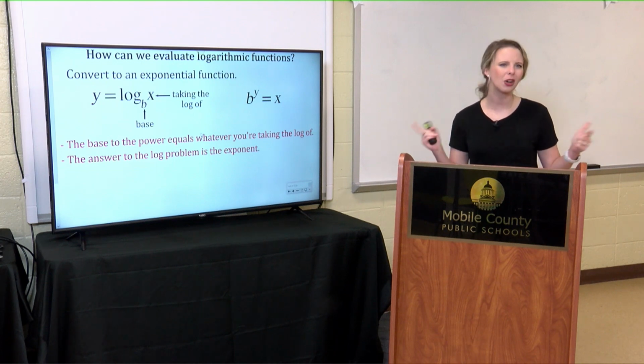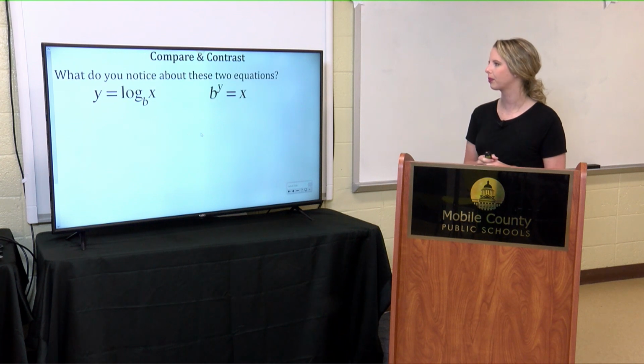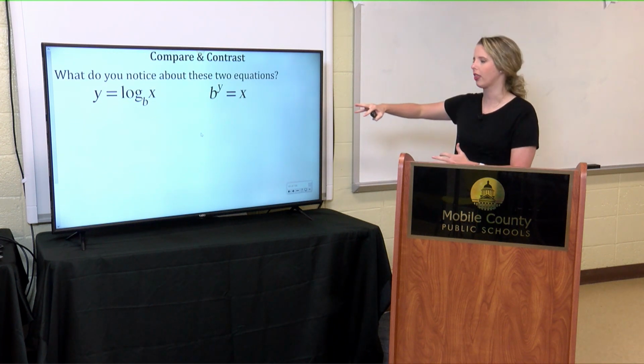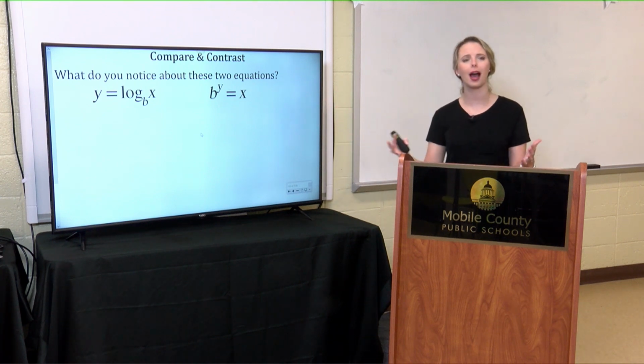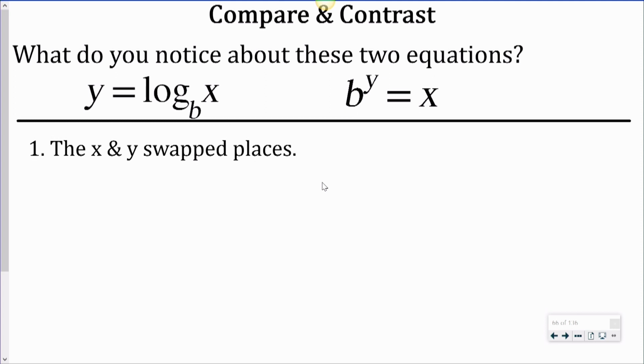But maybe that's still not quite clicking with you. Let's look at it a little bit more. We have these two equations still up here, and I want you to just look at them with no other fluff on the screen. Look at them and see what you can notice about these two equations. Maybe you notice that the x and y swapped places.